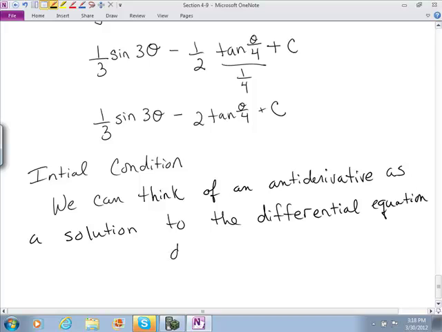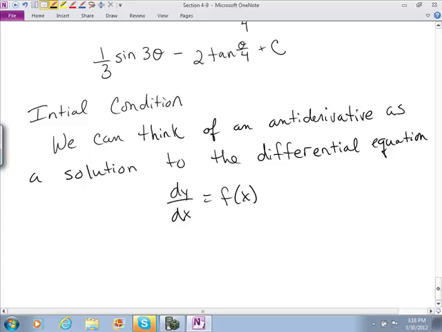So we have an equation where dy dx is equal to f of x. So that is what the antiderivative is. So in general, a differential equation is an equation relating an unknown function and its derivative.